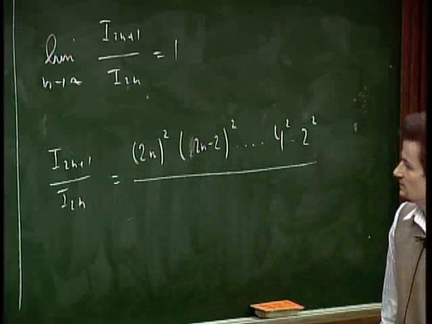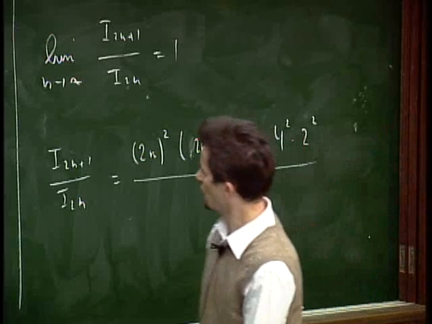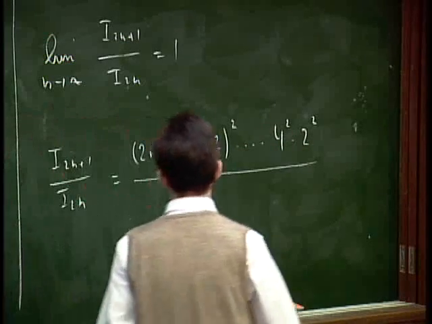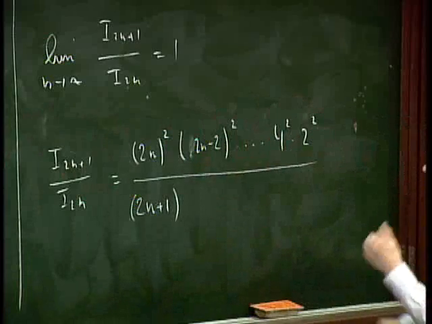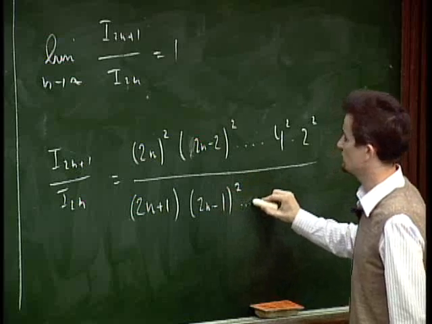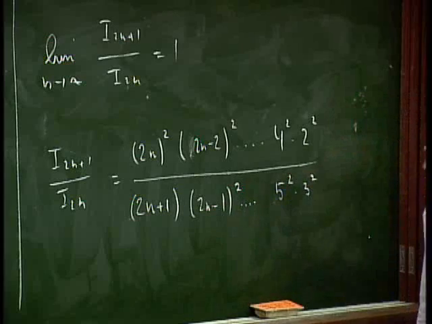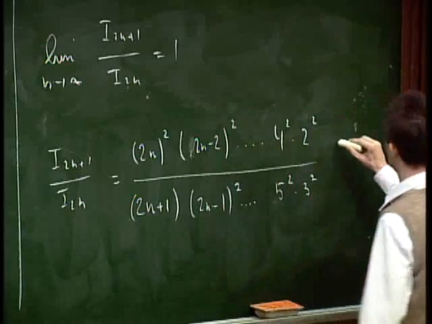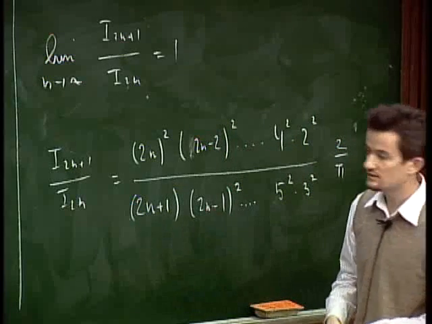In the denominator you have more or less all odd numbers twice. Actually, you have one more here: 2n+1, then (2n-1)^2, and you go on like this, 5^2 and 3^2. And we have also a 2 over pi.